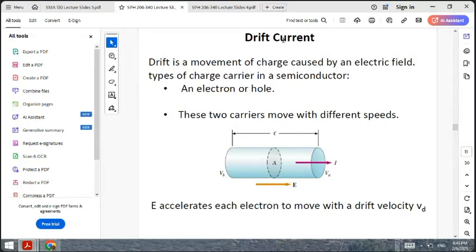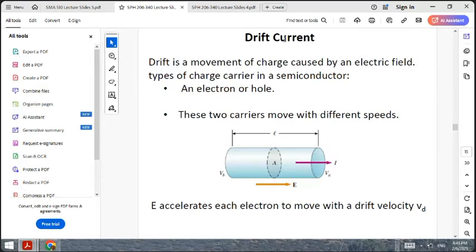You are doing introduction to electronics. So that is one form of the current. We are able to relate current and drift velocity, charge carrier and density.